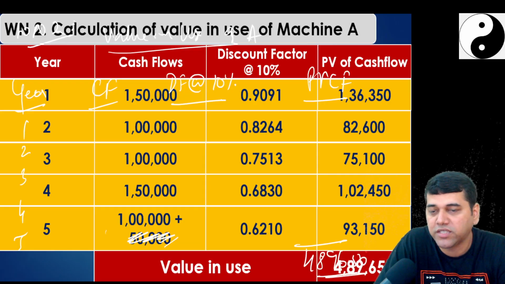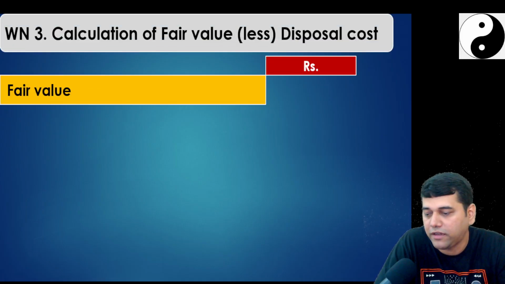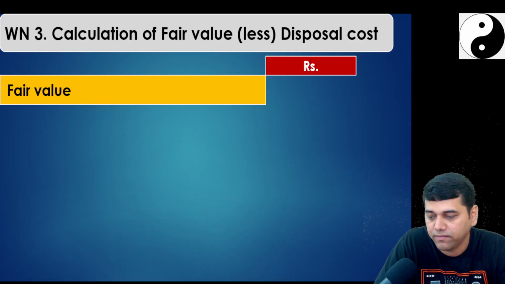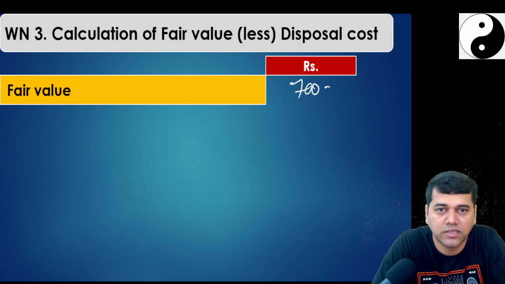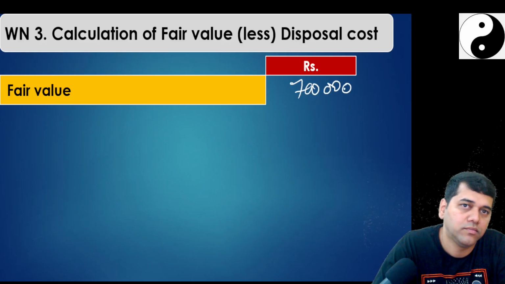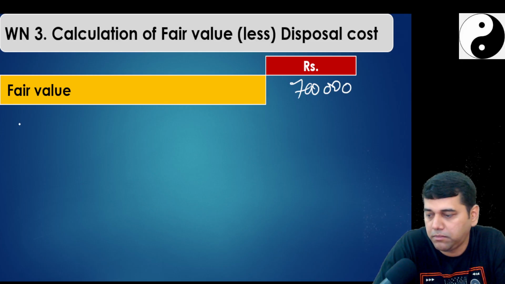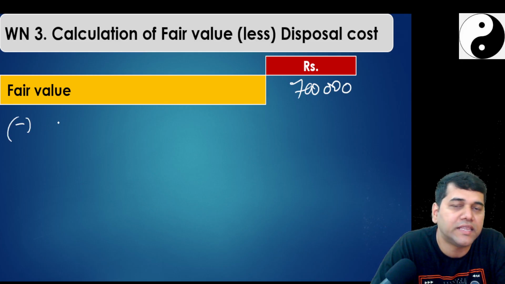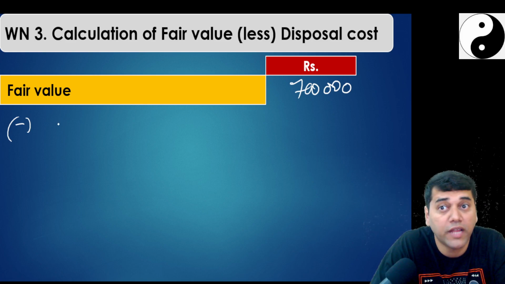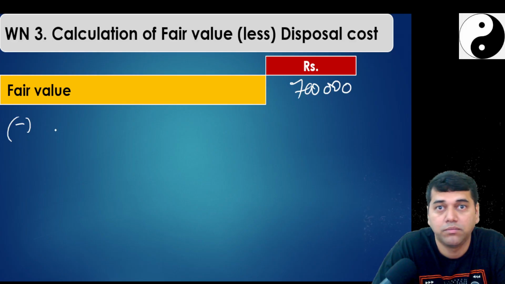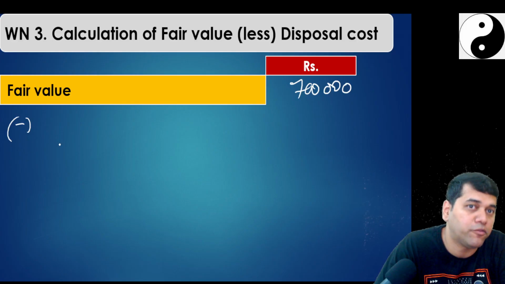Yes, what should I do next? Fair value. So write calculation of the fair value less cost to dispose. Fair value is how much? 7 lakh. They have told you. Minus, will I take that valuation fees? No. But I should give a note. When you don't take it, please make a habit of giving a note.